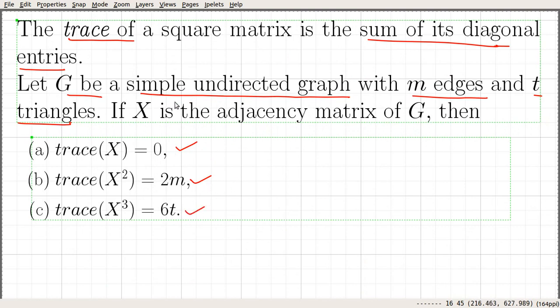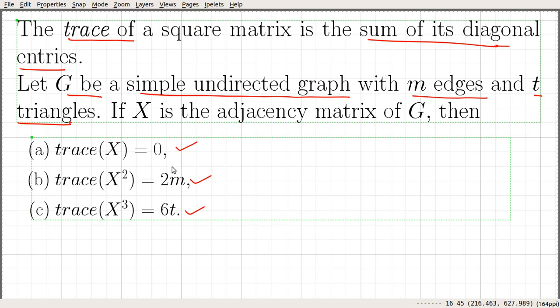So even though it looks somewhat simple, we can get some kind of idea from these 2 results. By the way, interpreting the traces of x to the 4, x to the 5, etc. is somewhat difficult. I think there is no direct way of counting all those things.